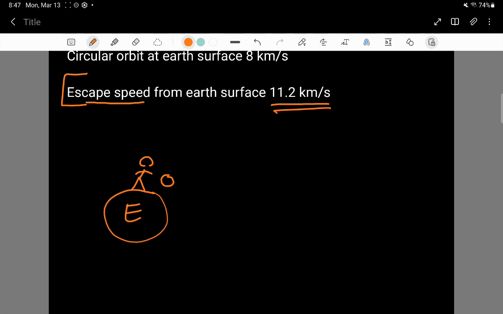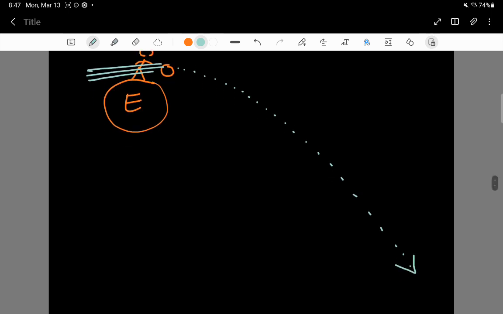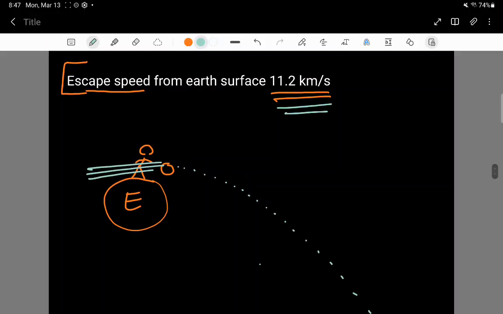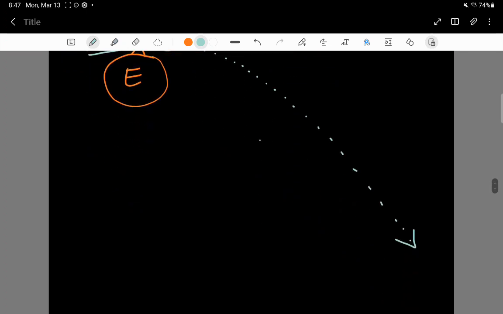So the idea is if you can manage to give this object that speed, then it's going to go away from Earth, and Earth's gravitational field is going to bend the path. It's trying to make it into an orbit, but instead of ever coming back, it just keeps on going. And this is the slowest speed such that the object will keep on going and never come back.